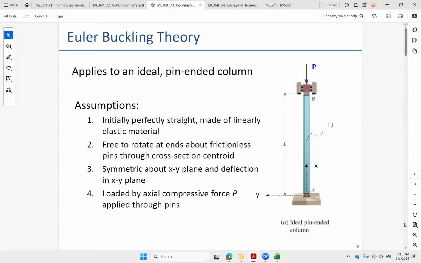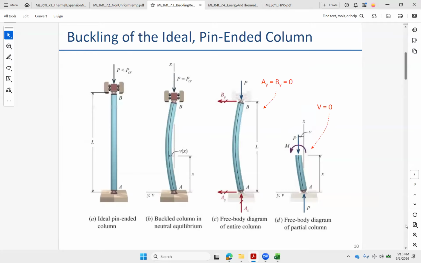If this were ideal and there were no perturbations or imperfections in the beam, we just push down on it, and it should just compress in that axial direction. But we don't really have anything supporting it from bowing out in one direction or the other with those pinned ends. So if I push up to some certain critical load, it should just compress like an axial bar.